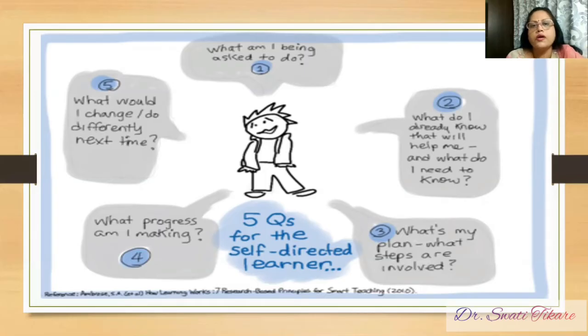So wherever you go, you start to think, what am I being asked to do? The next step would be, what do I already know that will help me, and what do I need to know? So it gives you a continuum sort of thing.